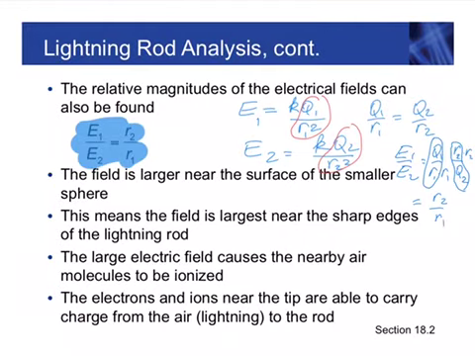We found this expression. So what does it tell us? That the field is largest near the surface of the smaller sphere. If R1 is smaller, then the electric field would be larger. So sharp edges have a large electric field.